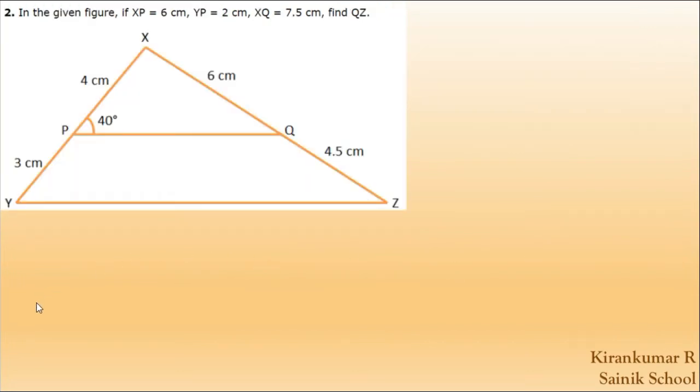The second question is, in the figure, XP is equal to 6 cm, YP is equal to 2 cm, XQ is equal to 7.5 cm. We need to find QZ. This is to be found, it's not given.